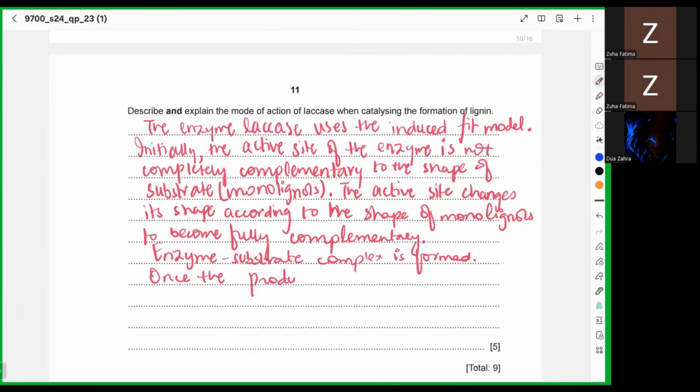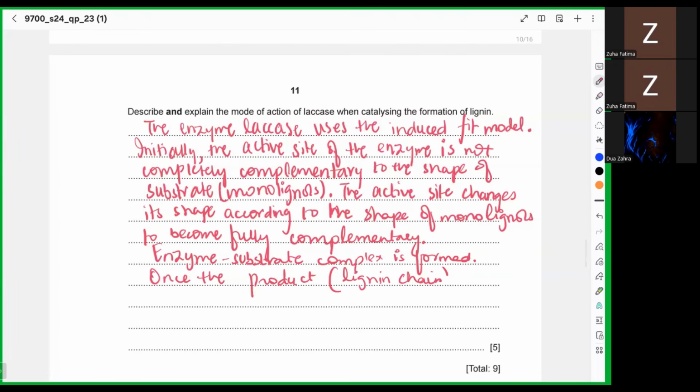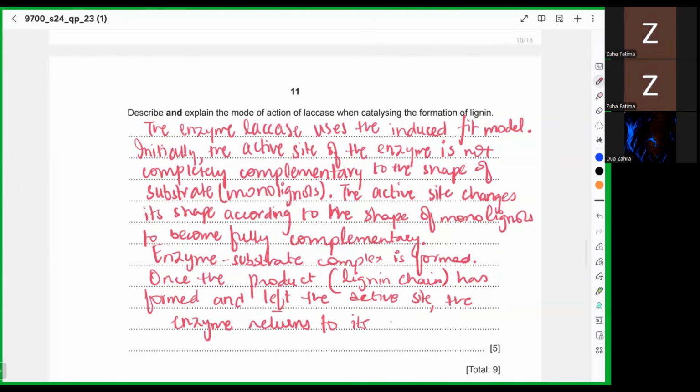Once the product, lignin chain, has formed and left the active site, the enzyme returns to its original shape.